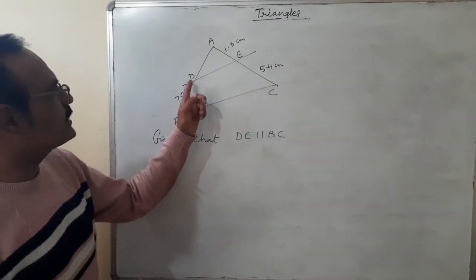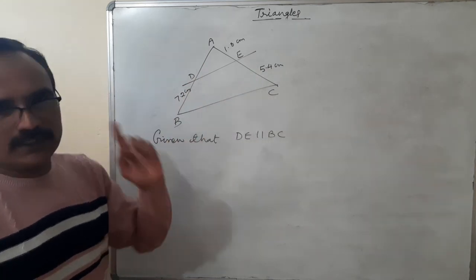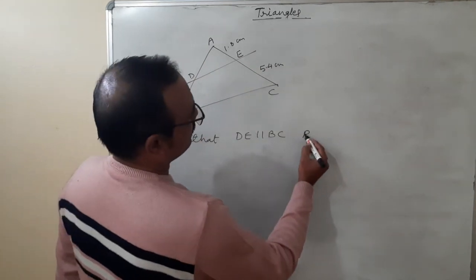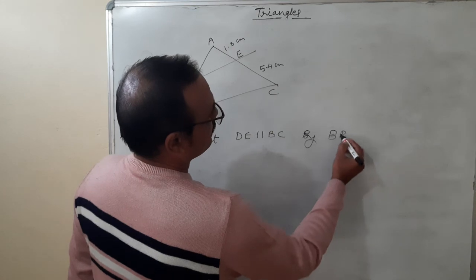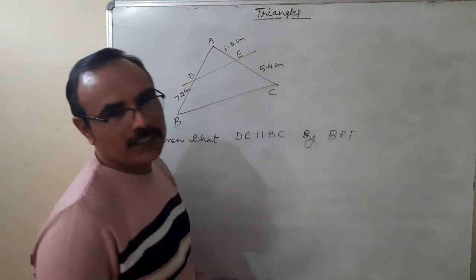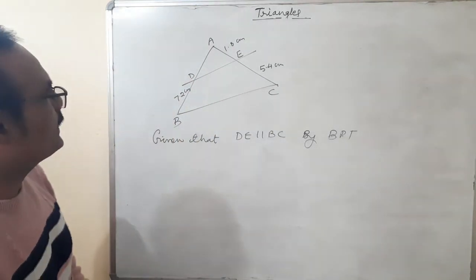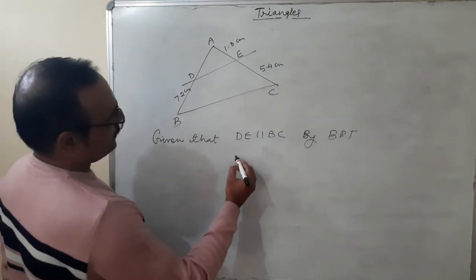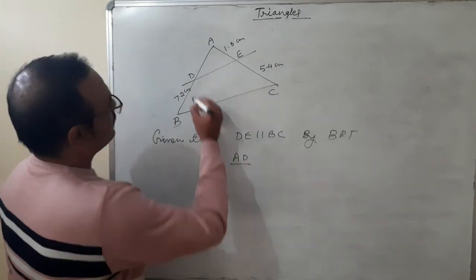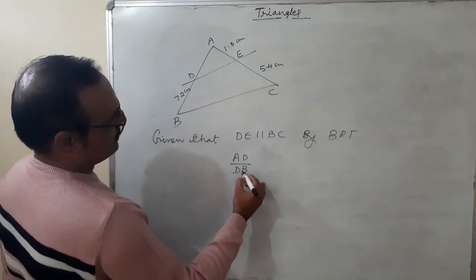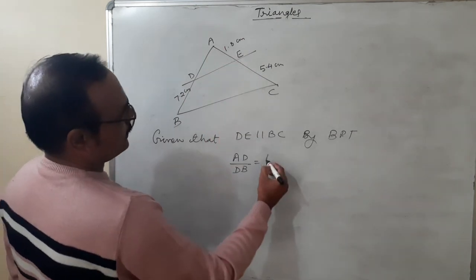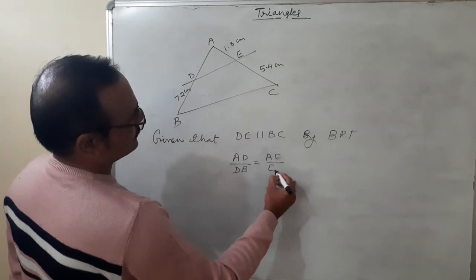It is clearly mentioned DE is parallel to BC. That means by BPT, the basic proportionality theorem, we can write AD upon DB is equal to AE upon EC.